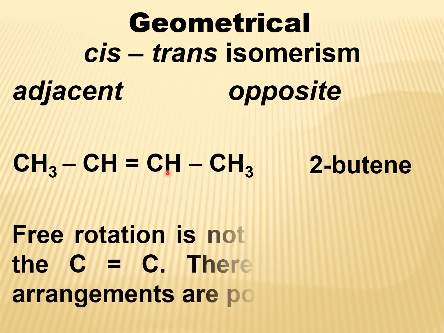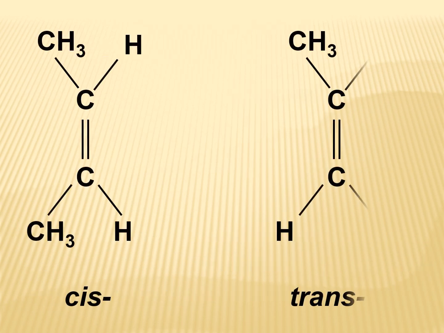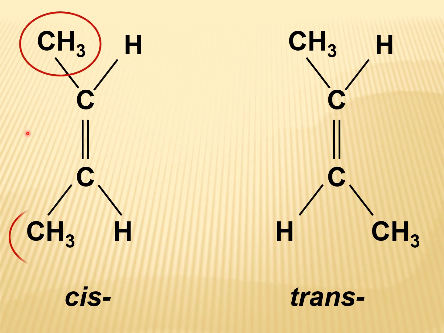This compound does not allow free rotation about the carbon-carbon double bond, and due to this we can get two spatial arrangements. These two spatial arrangements are fixed arrangements. You can see this example. These are the two spatial arrangements. This one is called cis and this one is called trans. Here, these two similar groups, the methyl groups, are on the same side, adjacent.